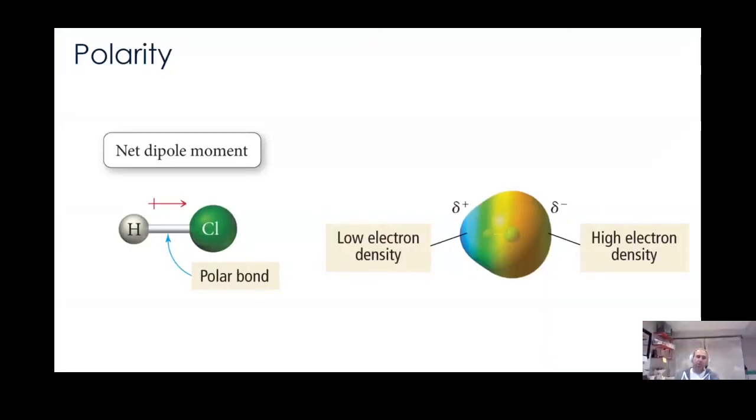We talked about polarity already in class, right? We talked about it in simple molecules like HCl, right? So hydrogen chloride, when it's not dissolved in water, is a polar compound because the chlorine is more electronegative than the hydrogen, right? And so if we do an electron density map, what do we see?